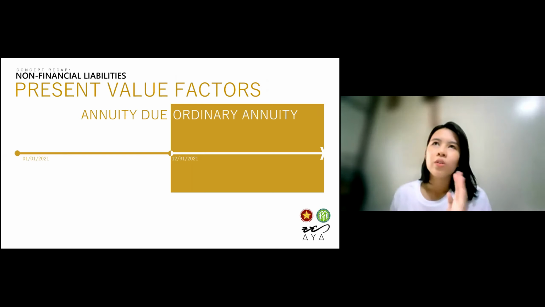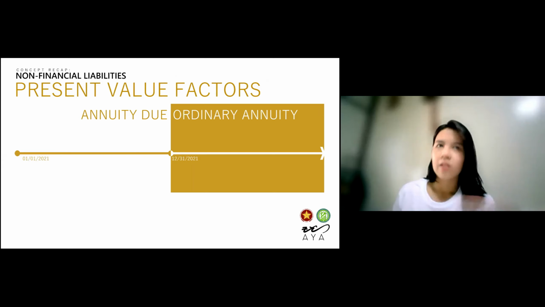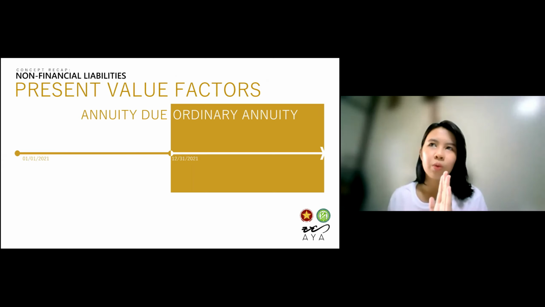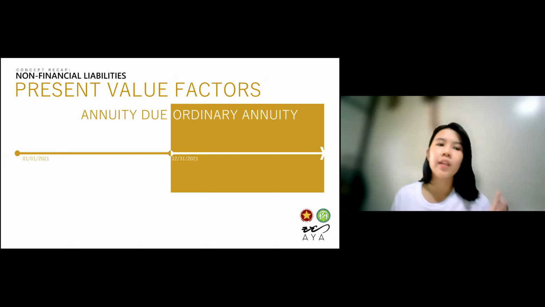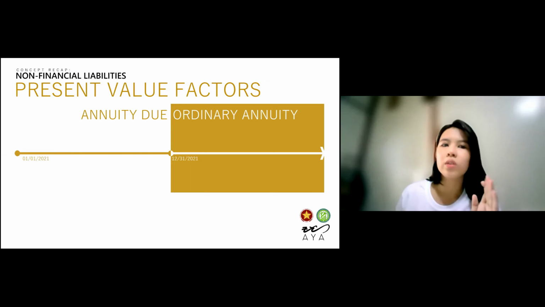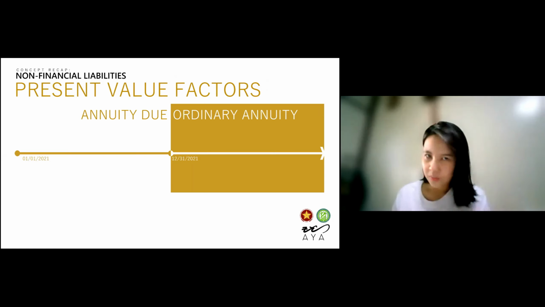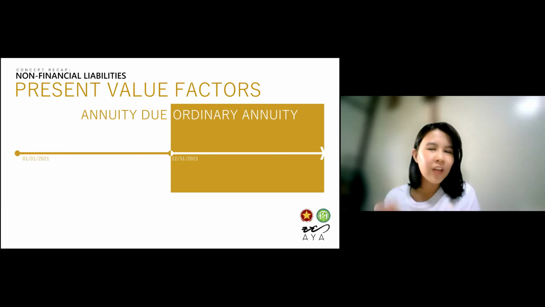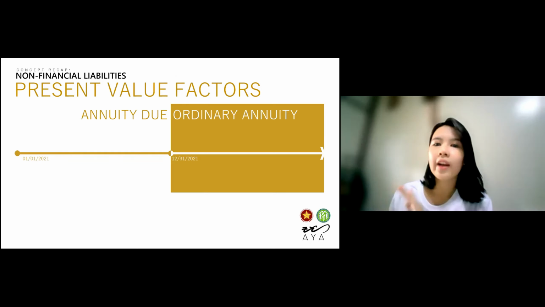For example, if you take out a loan that you pay at the beginning of the period, you will use the present value of annuity due. Right? The annuity is at the front. For ordinary annuity, the word annuity is at the end. The contract terms say you pay your first payment at the end of the term.